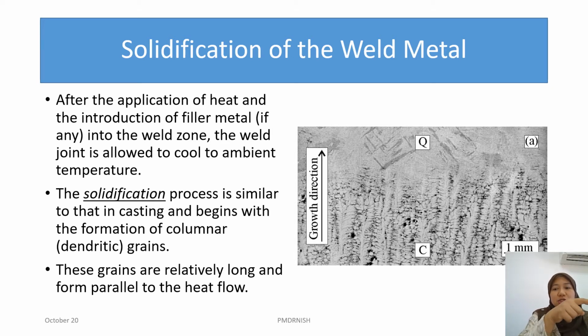So when the torch is moving away from that particular point, that area will start to cool. The solidification process is similar to that in casting and begins with the formation of a dendritic structure.